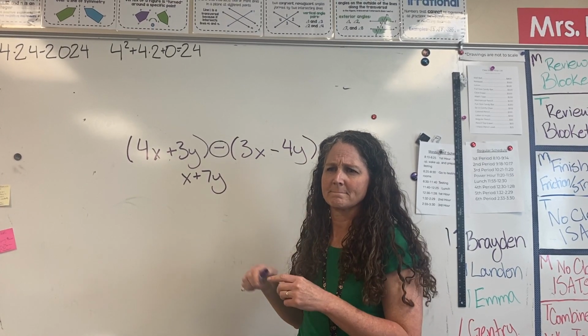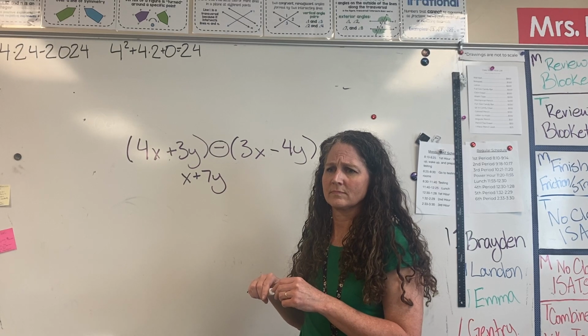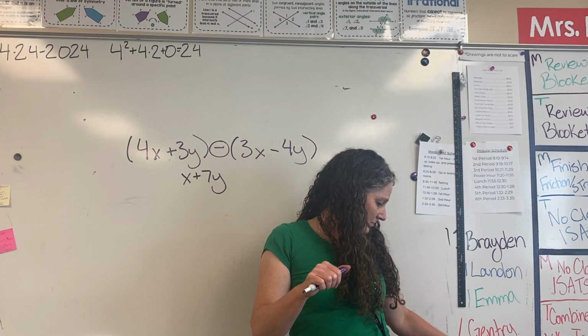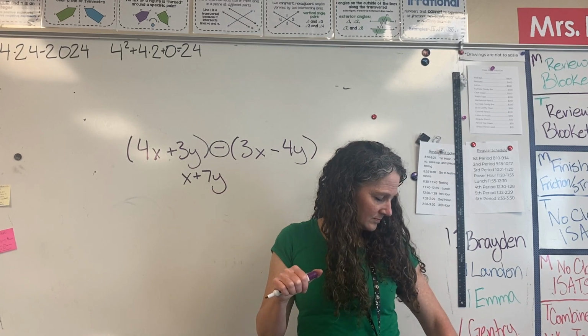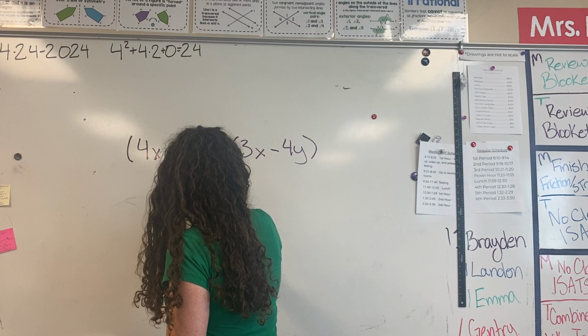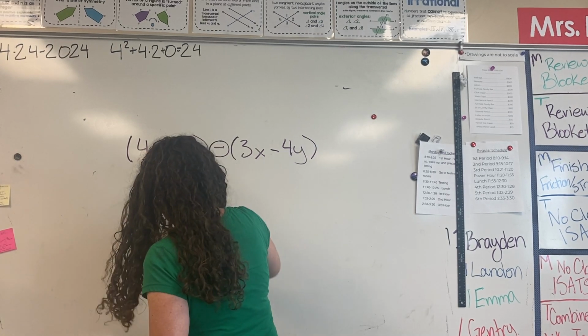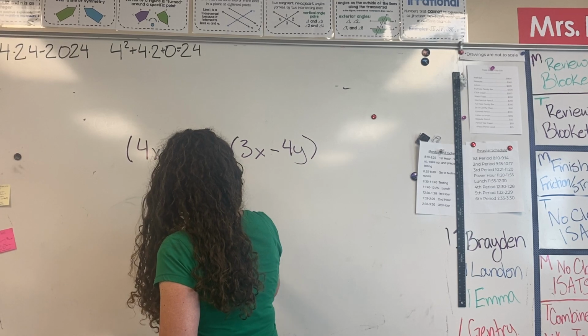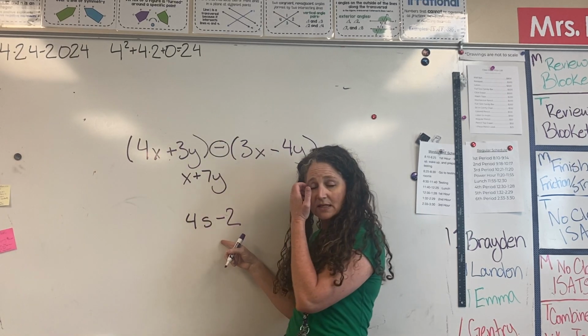Okay, yeah. So for something like on the last page, it says something about what is the opposite of negative 60 plus 1. Okay, let's say we have 4s minus 2. What is the opposite of that?